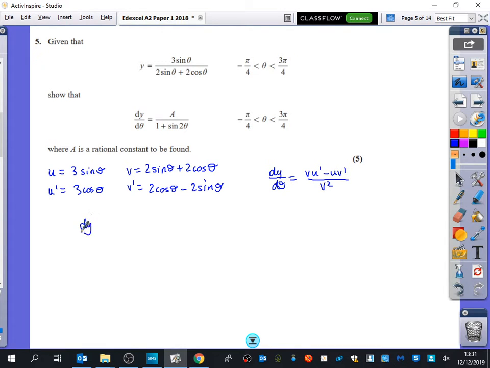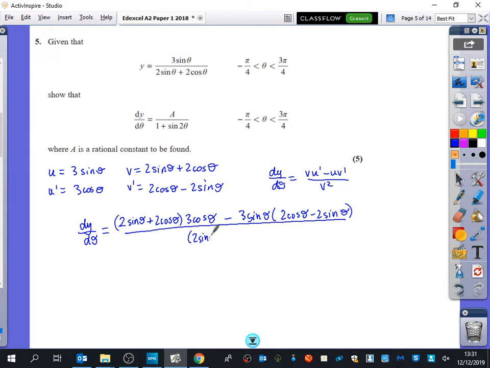So dy by d theta will be v multiplied by u dash, minus u multiplied by v dash, all over v squared. So it was those two minus those two.